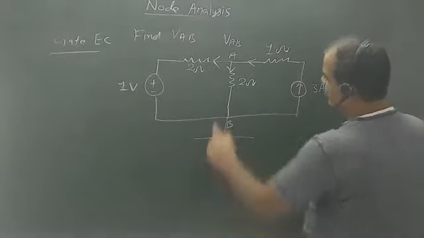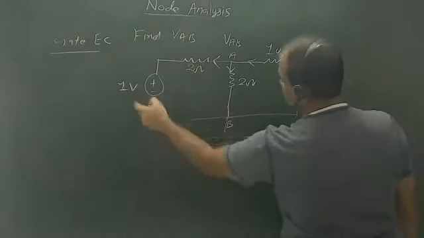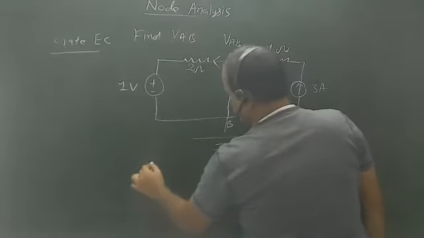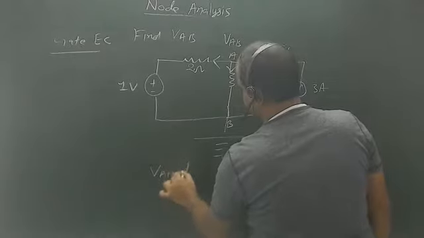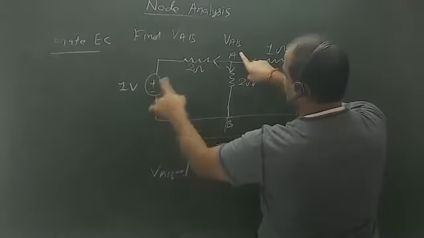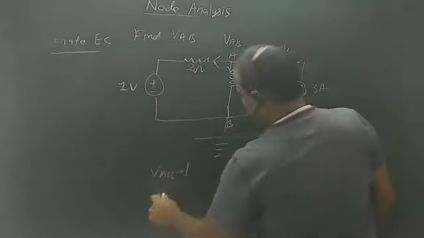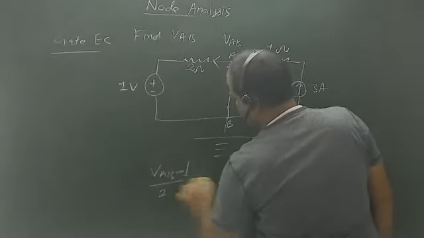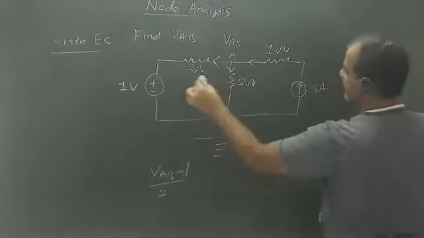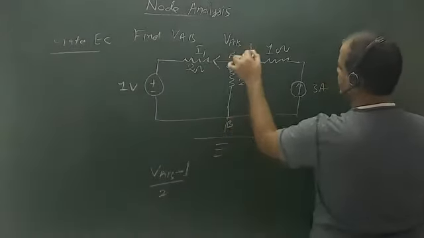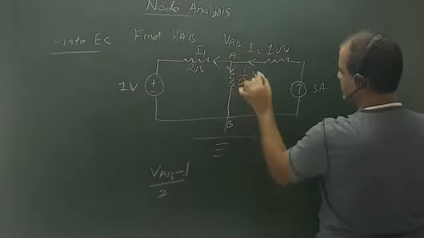So the outgoing current will be, this is VAB, this is 1. I can write VAB minus 1, the voltage difference divided by resistance, which is 2 ohm. Say this is I1, this is I2, and this is I3.